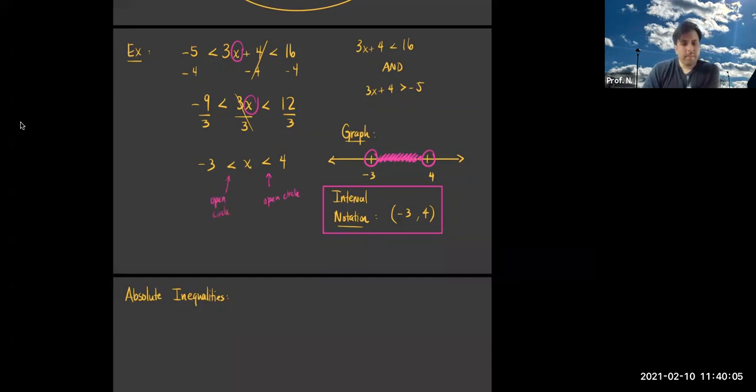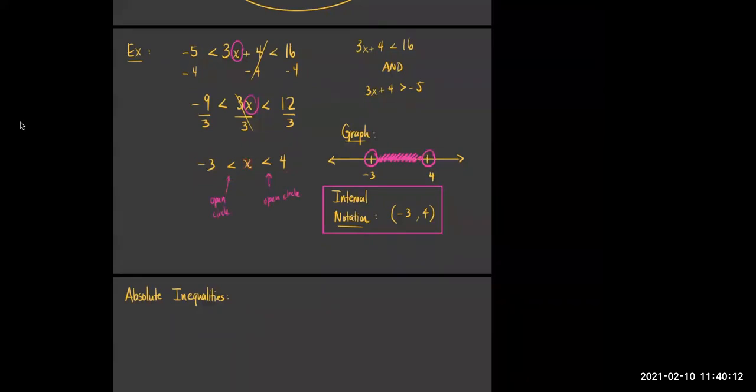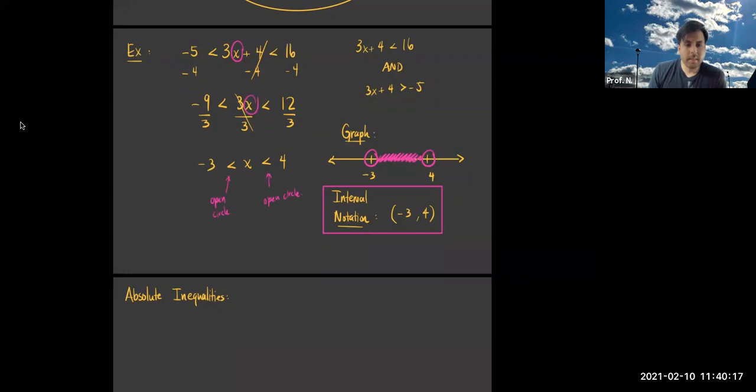Can you explain the graph? The graph for this, well, if it's a closed circle, it's a bracket. Yes. So if it's less than 4, open circle. If it's greater than negative 3, open circle. Open circle, parentheses, parentheses. Now the graph of this: x is less than 4, and at the same time, x is bigger than negative 3.